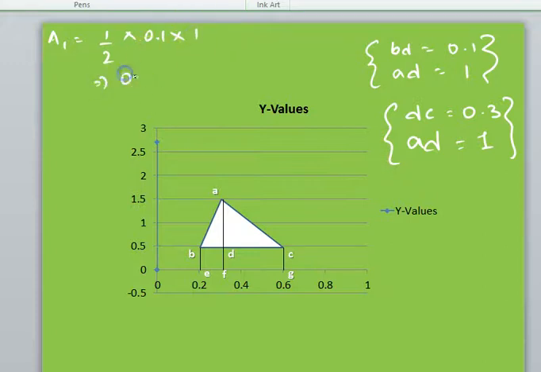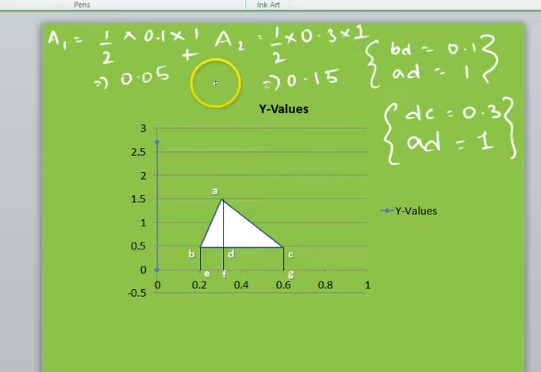That is 0.05. Plus A2, which is half of base DC, that is 0.3, into 1. This is 0.15. The sum of both gives me 0.2, which is the total area of this triangle situated in my first quadrant.